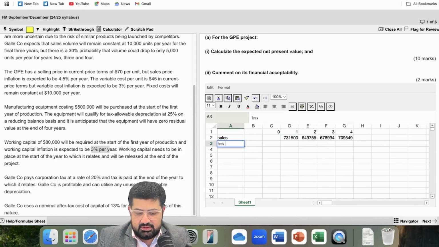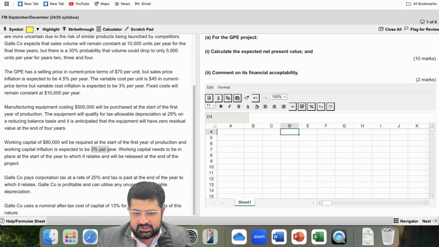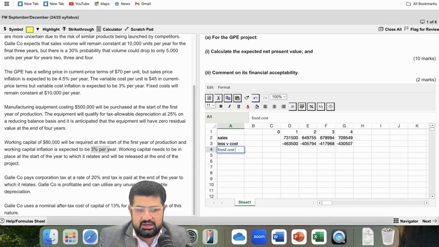Less variable cost. So negative sign, since it is variable cost, total variable cost is here. Link the cells. And then is fixed cost. Incremental fixed cost, $10,000 per year.